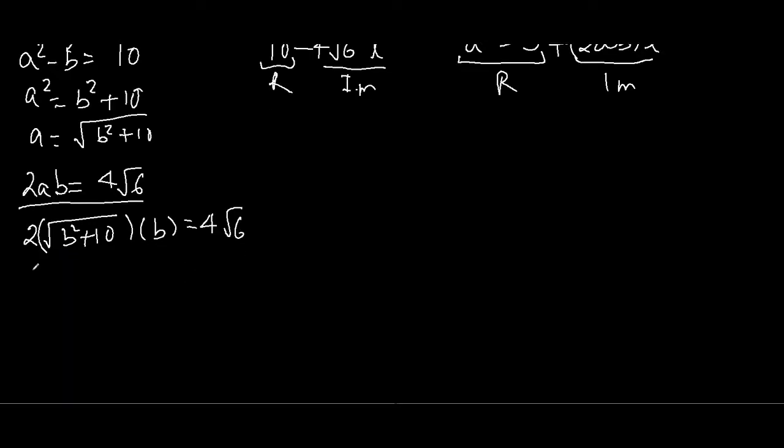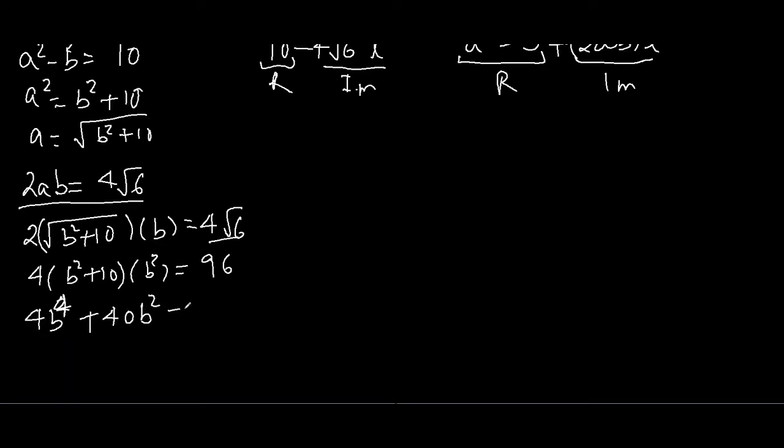Let's square both sides. It will be 4 times b square plus 10 times b square equals 96. Tell the square of this. Okay, so it becomes 4b to the 4 plus 40b square minus 96 equals 0. All of them can be divided by 4, so let's divide. So it becomes simpler.